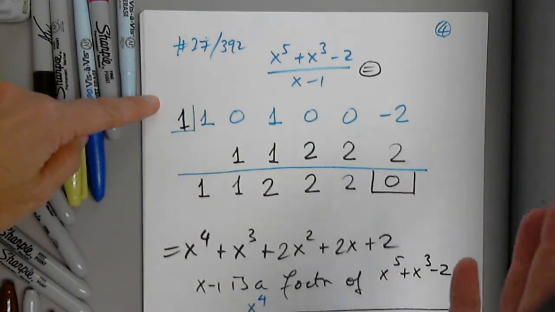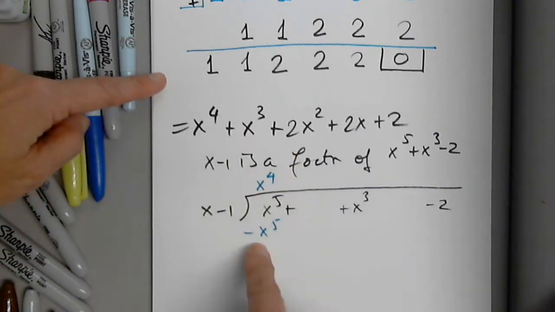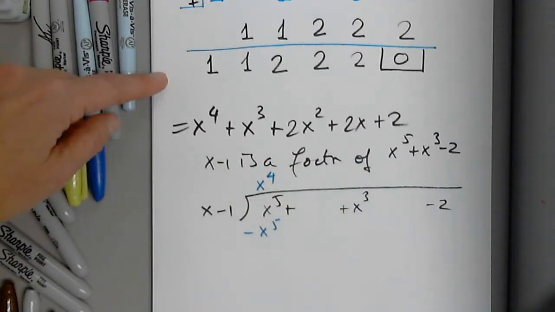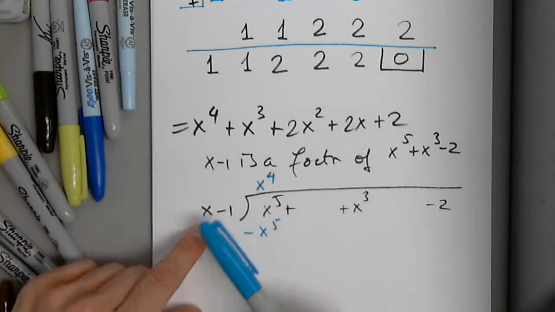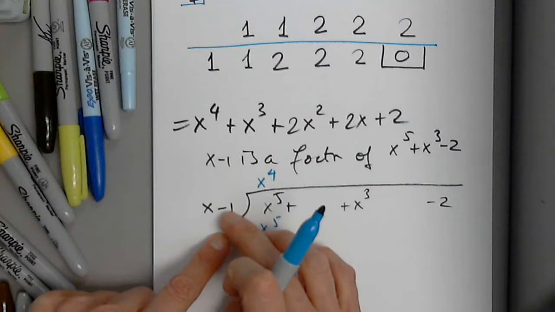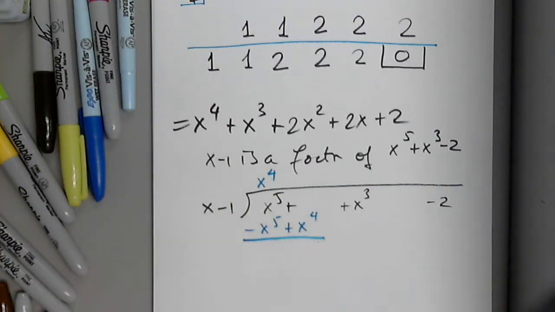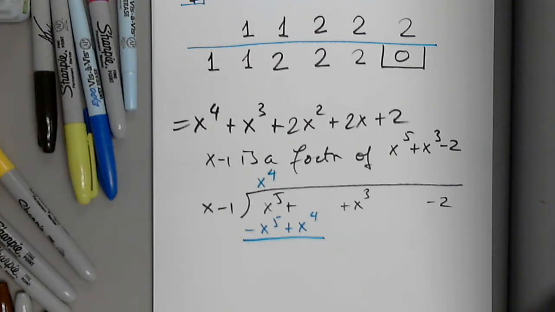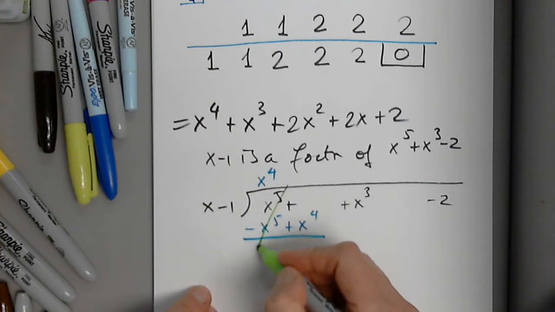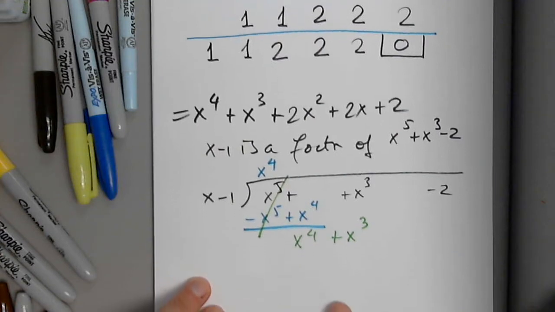But here we have to change every time we write underneath. So x to the fourth times x is x to the fifth, opposite. X to the fourth times -1, opposite. Are you with me so far, everyone? Okay, these two go away. I bring down x to the fourth plus x to the third.